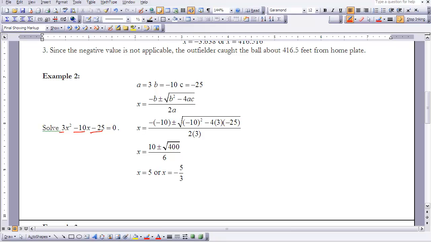I know that 400 is a perfect square, so this is going to come out nice and clean, and I can write this as a fraction: 10 plus the square root of 400 over 6 and 10 minus the square root of 400 over 6, which simplifies to x equals 5, or x equals negative 5/3. So when our value under the radical is a perfect square, we know that our answers are going to come out to be rational values, nice and clean.